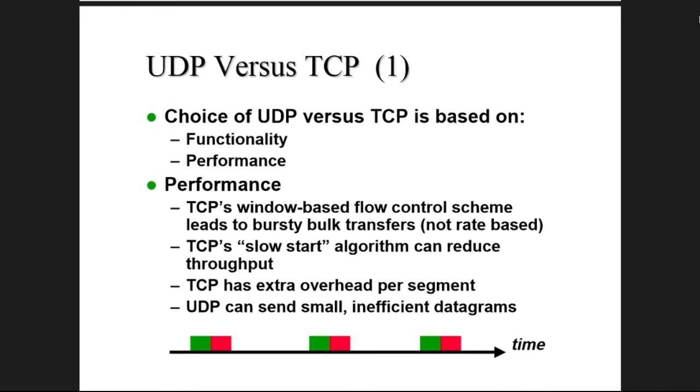So according to performance, that is the difference. TCP's window based flow control scheme leads to bursty bulk transfers, but UDP can send small datagrams and is much more efficient than TCP.